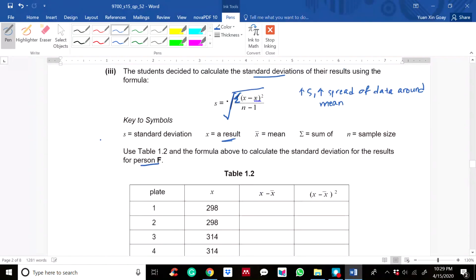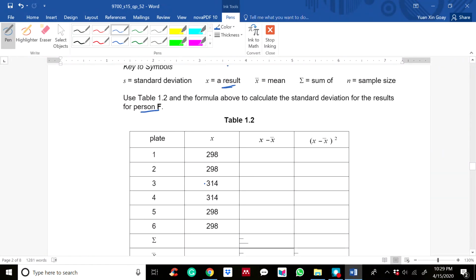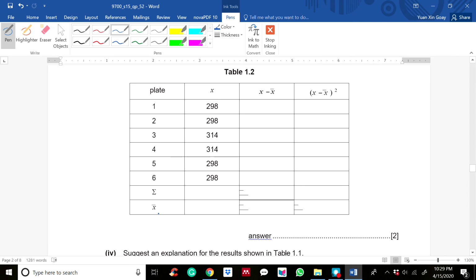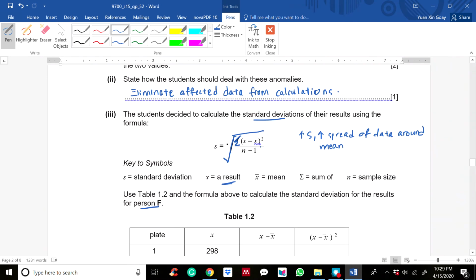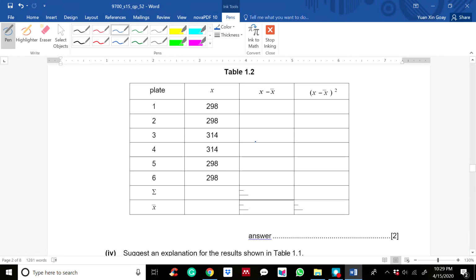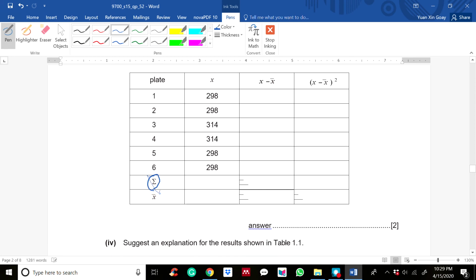To calculate standard deviations, you will need to calculate the mean value, calculate x minus mean and square it, divide by n minus 1 and square root the results. So this is the sum of x. For the sum of x, you can add all these values.